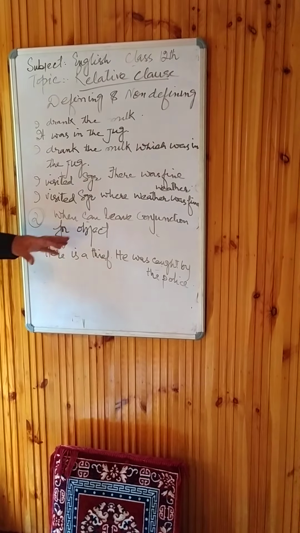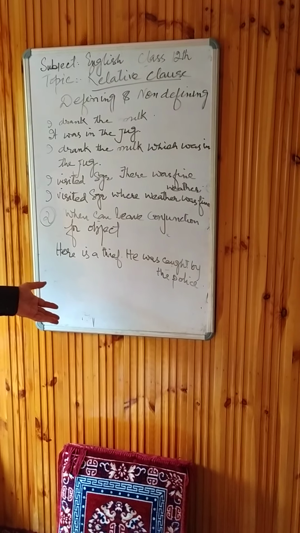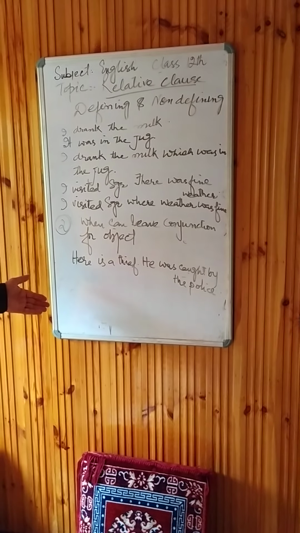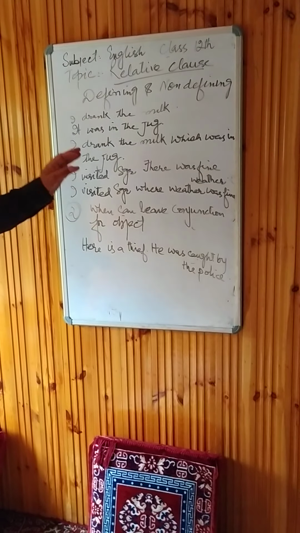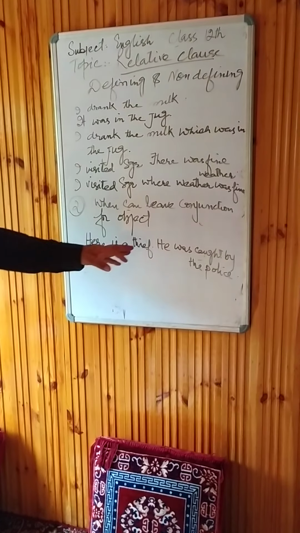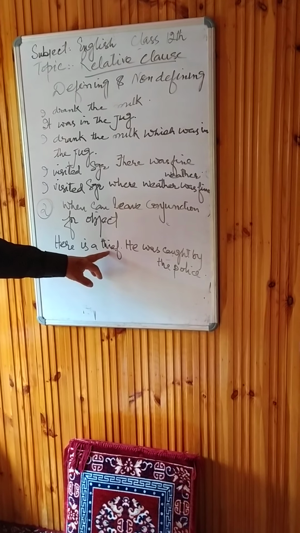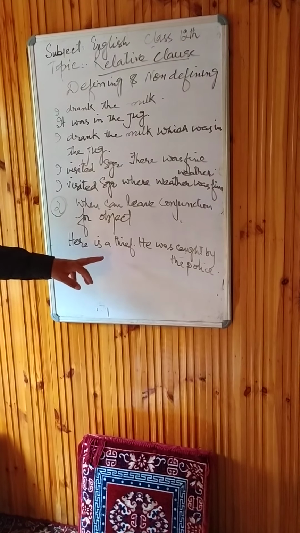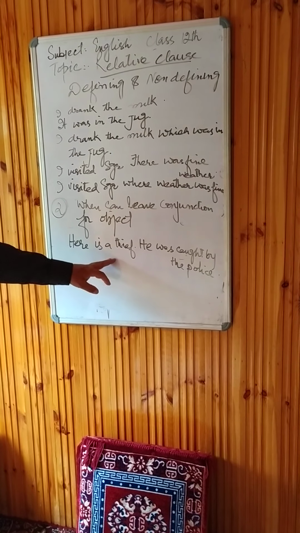Two sentences, we have to join them together. One gives information about a person or place or thing, and that's why we call it a relative clause. Here "he was caught" is for the thief. The information is about the thief, but the thief is the object.